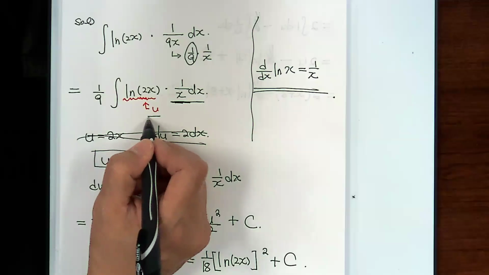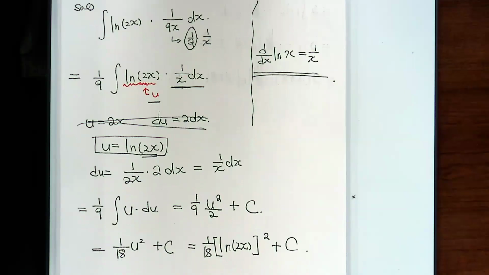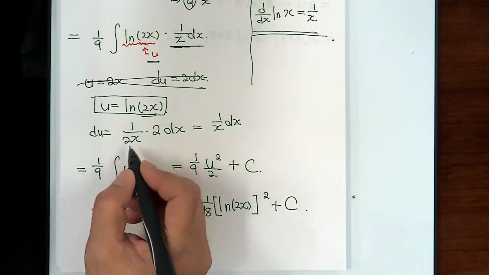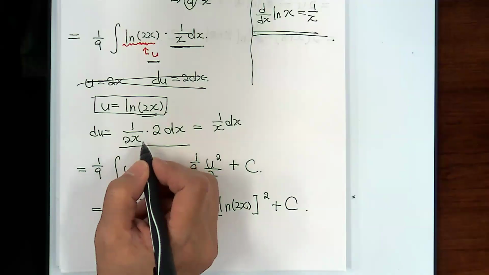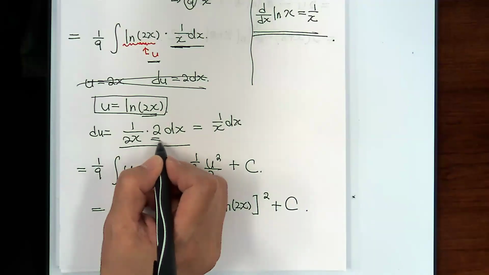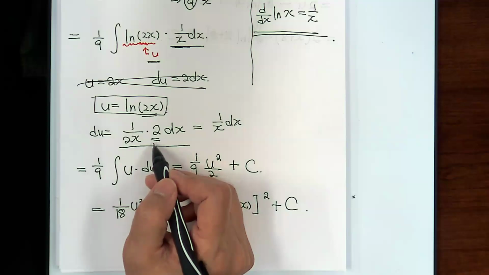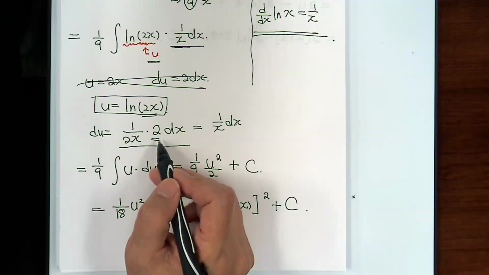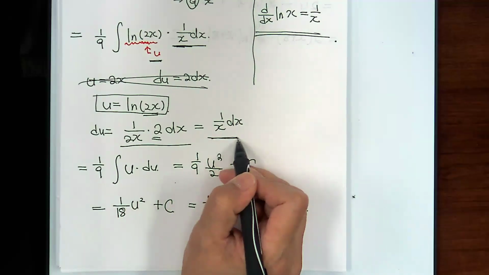But u is a composite function. So I use the chain rule, 1 over the input times the derivative of the input, which is 2, because the inner function is 2x. And those will cancel each other, and we end up getting 1 over x dx.